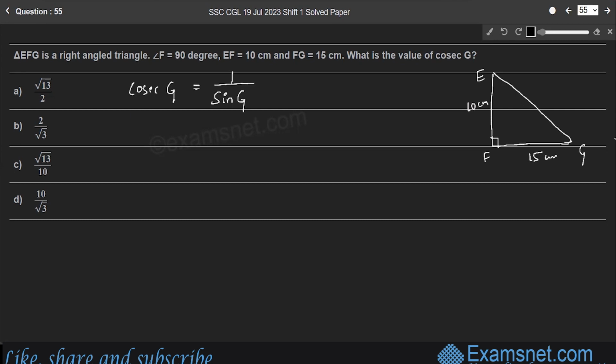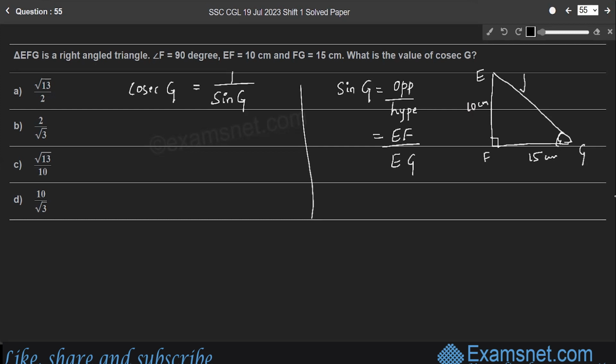So how to find sine G? Sine is always opposite by hypotenuse. Sine G is opposite side by hypotenuse. Here in the given triangle, angle G is here. Its opposite side is EF and hypotenuse is EG, right? EG is not given. So according to Pythagoras theorem, EG square is EF square plus FG square.